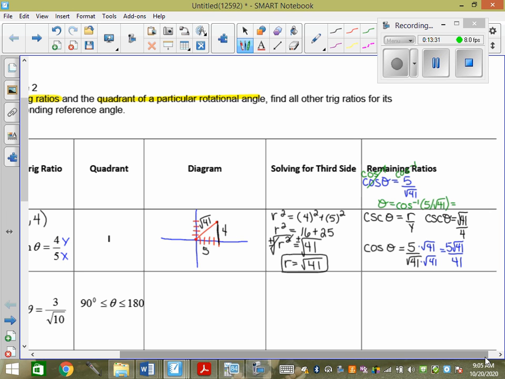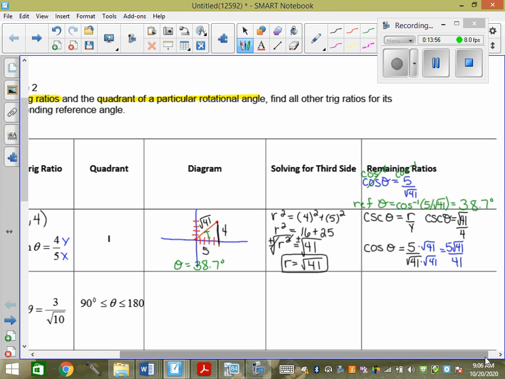It's the nearest 10. So our reference angle, if we want a reference angle, we always take the positive of whatever the question is. So we got 38.7, and it happens to be that it's in quadrant 1, so it actually is. Theta is 38.7.